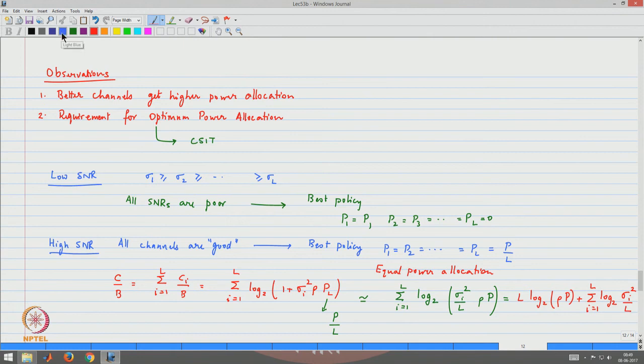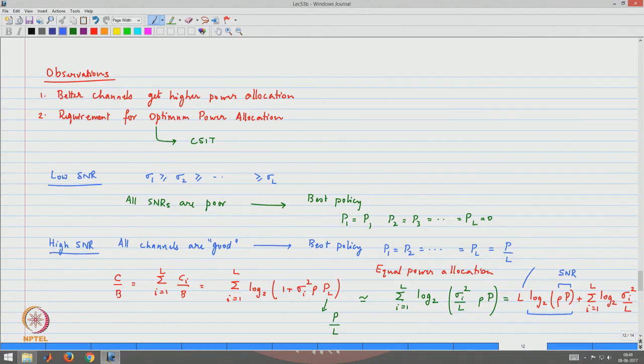So, I would like to highlight the following. You have logarithm base 2 of rho times P, where rho times P is proportional to the SNR.